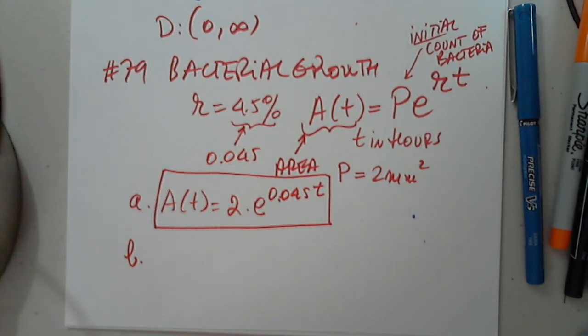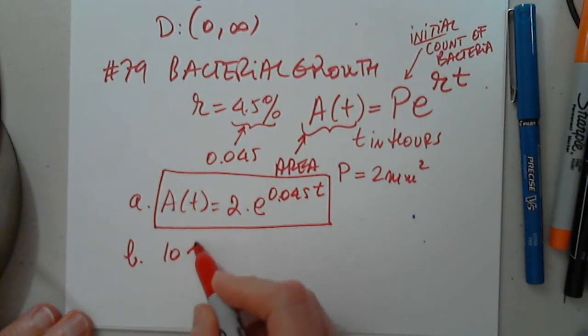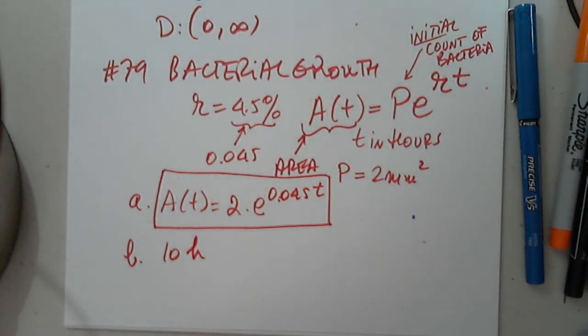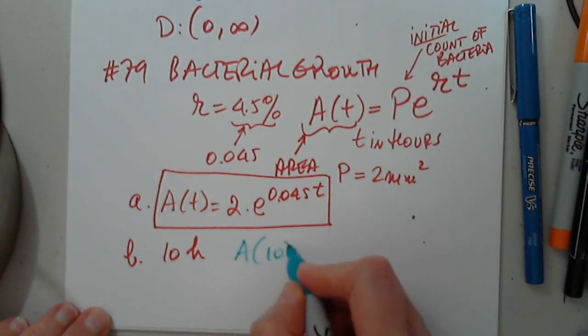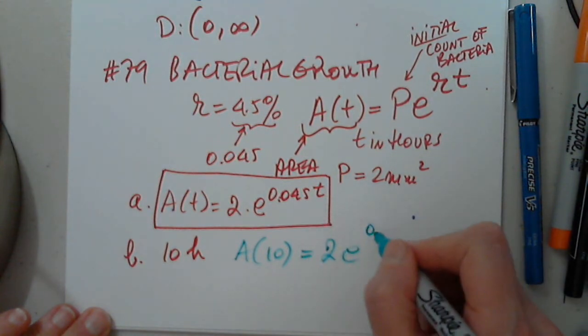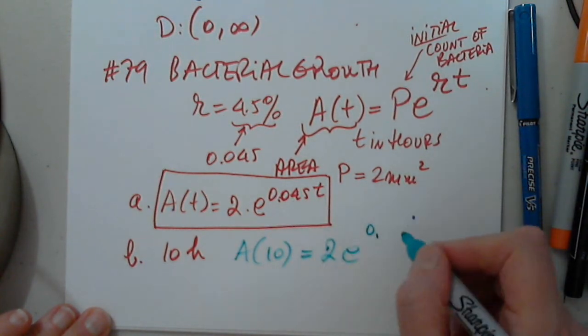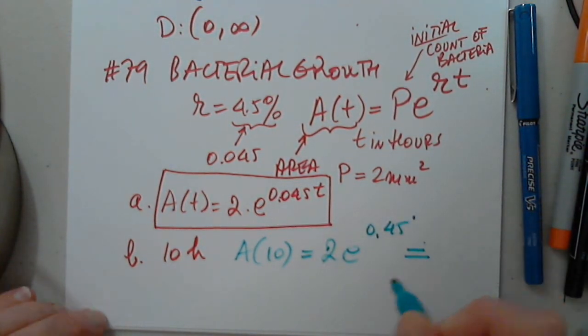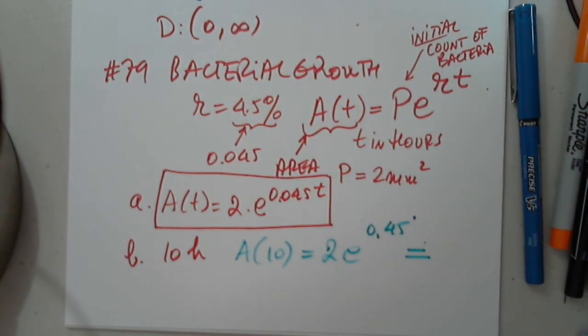Okay, so I'm asked to find what happens in 10 hours. What would you recommend? Plug it in. Yes, of course. So A of 10 is 2e to the power of 0.045 times 10, which is 0.45. Okay, I'm sharing my screen so we can plug it in.